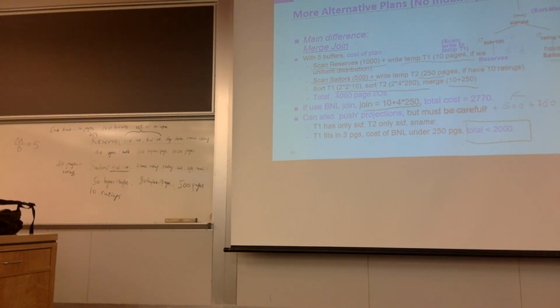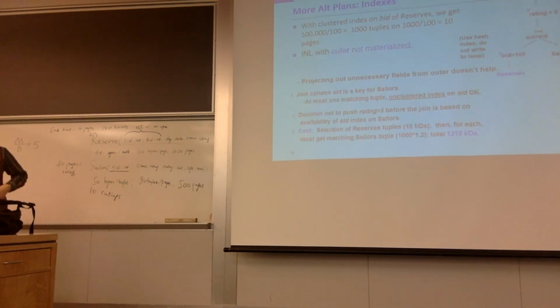For sailors, you have to push down SID and SNAME. Although you only need SNAME at the very top, in the join you do need SID, so you cannot leave out the SID. So when you are pushing down the projection, be careful about that.